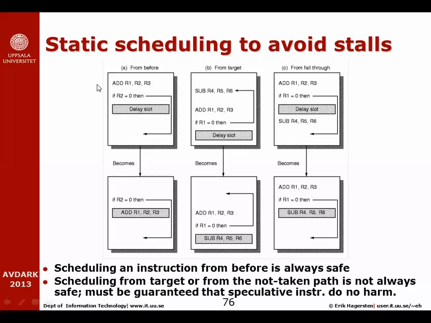Either, let's say you have the branch right here. So this is the original code. And this branch here has no data dependence on the previous instruction. If it was an if r1 equals 0, then there would be a data dependence between these two, a read after write dependence.